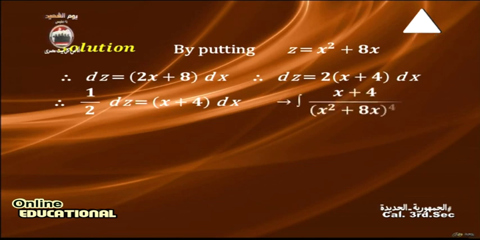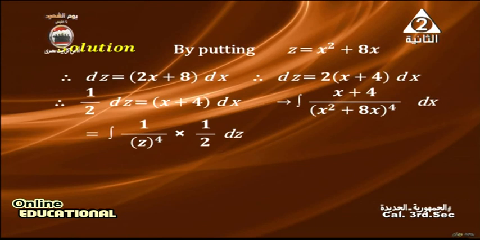Now, in the function (x plus 4) over (x power 2 plus 8x) all power 4 dx, we can substitute: (x plus 4) dx equals half dz, and in the denominator, (x power 2 plus 8x) all power 4 equals z to the power 4.